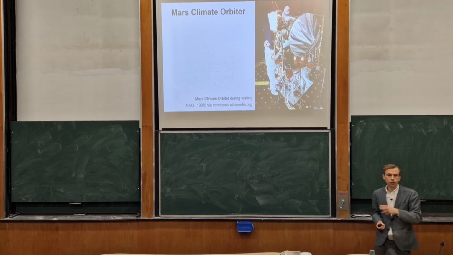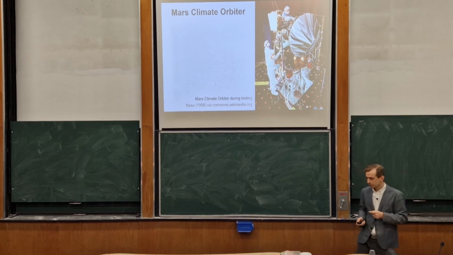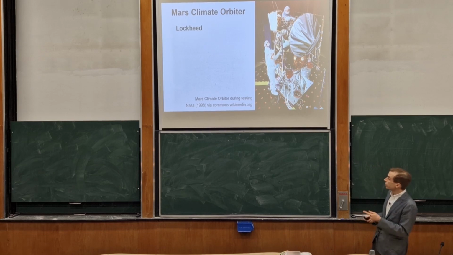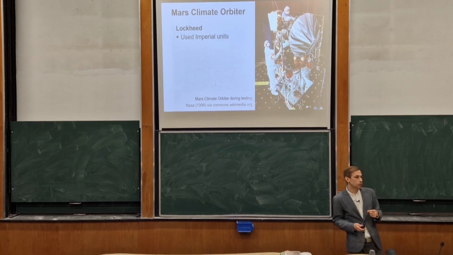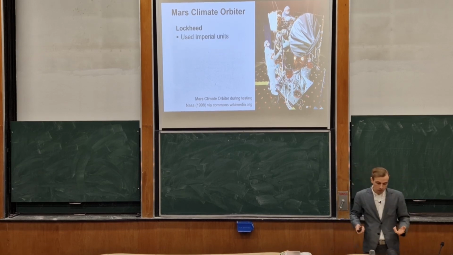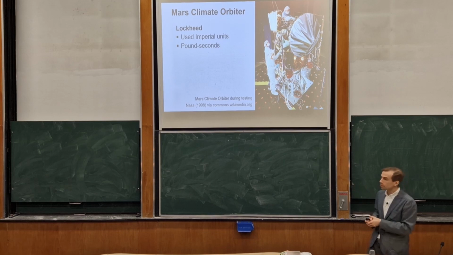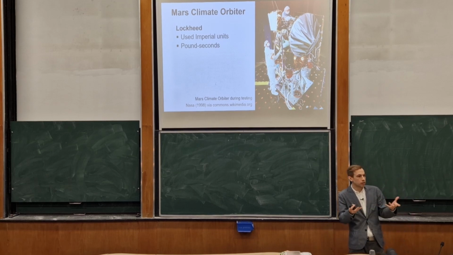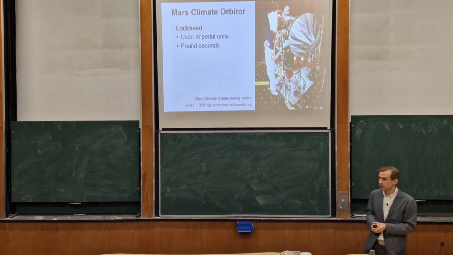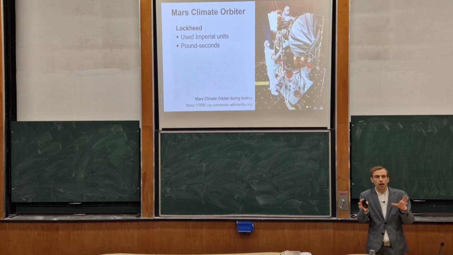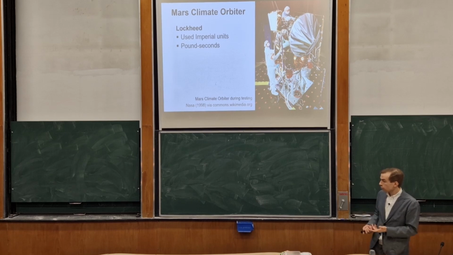It was manufactured by Lockheed. And when Lockheed do their engineering, the units they use are imperial units. So when they're measuring the amount of thrust that we're going to get from the spacecraft, the units that they use are called pound seconds. That's what it is in imperial units, and that's fine, as long as you're consistent, as long as you use the same units throughout.